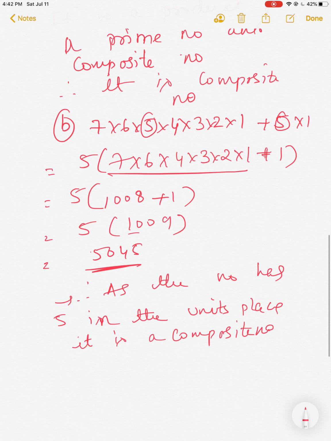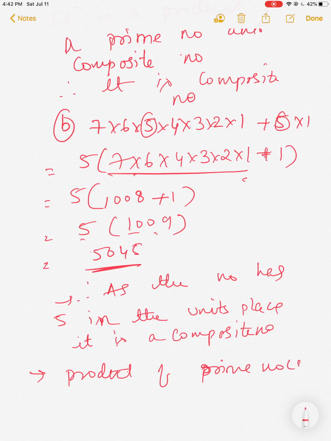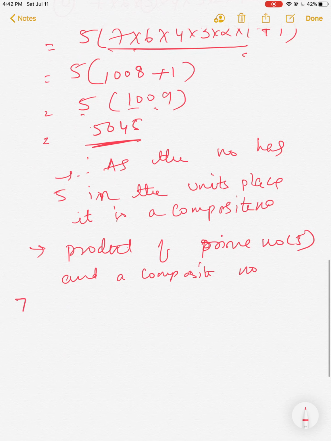Otherwise, directly you can also write: it is a product of a prime number and a composite number. Sorry, these are not both prime numbers. The prime number is 5, and the other is a composite number. Therefore, it is a composite number.